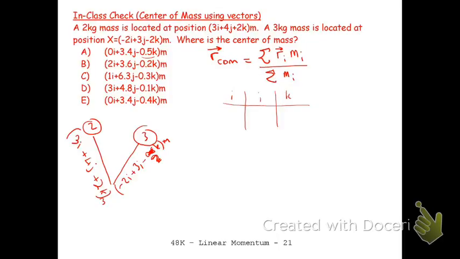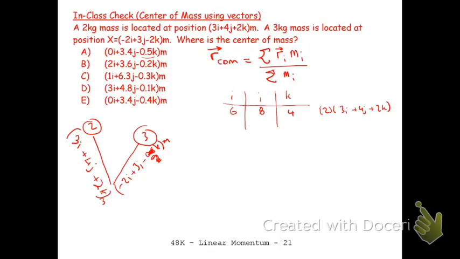Okay. So then I want r times this mass. So it's the 2 times that. That would be 6, 8, 4. This is 2 times 3I plus 4J plus 2K.